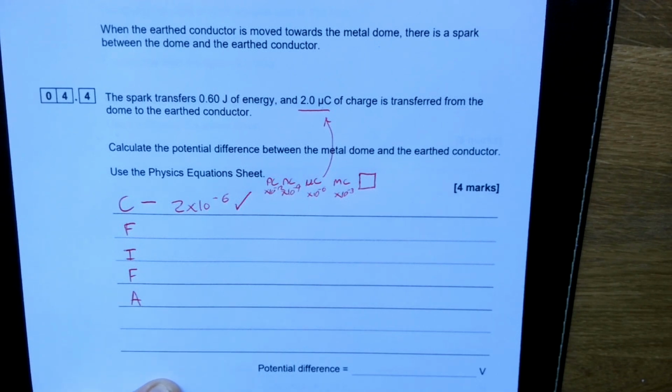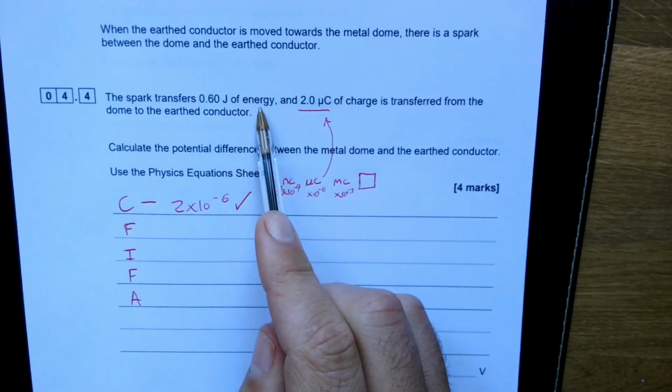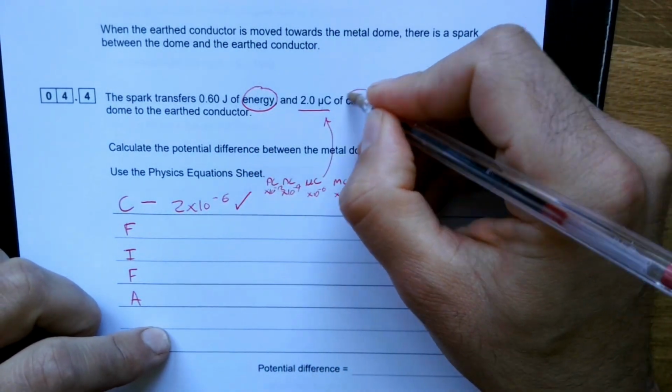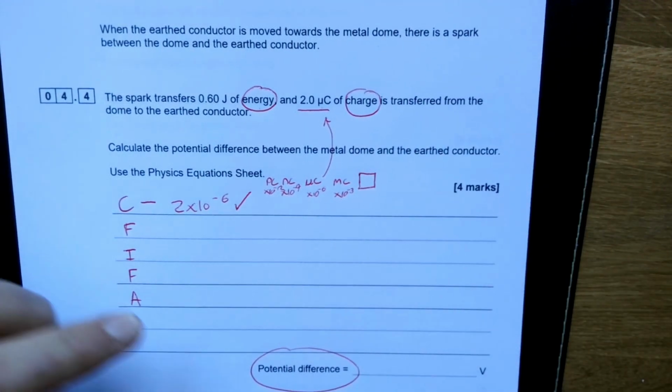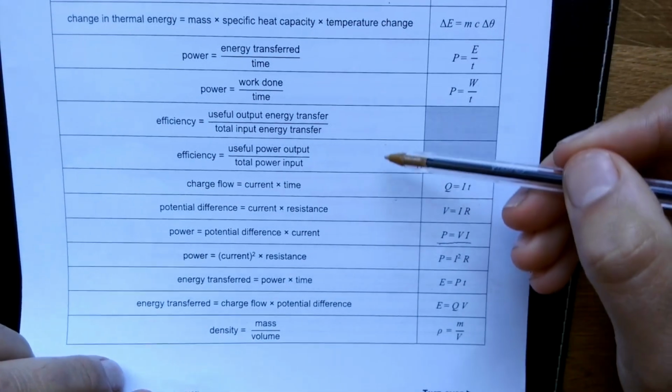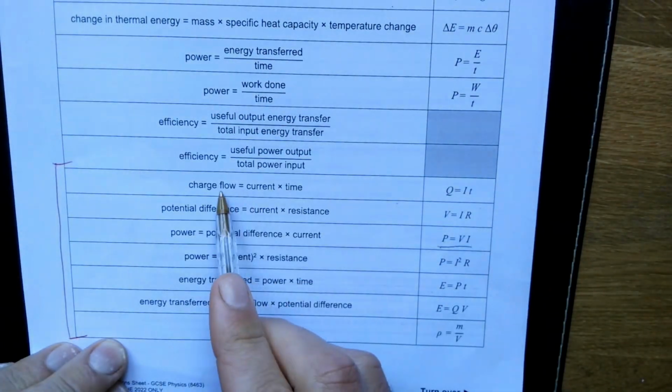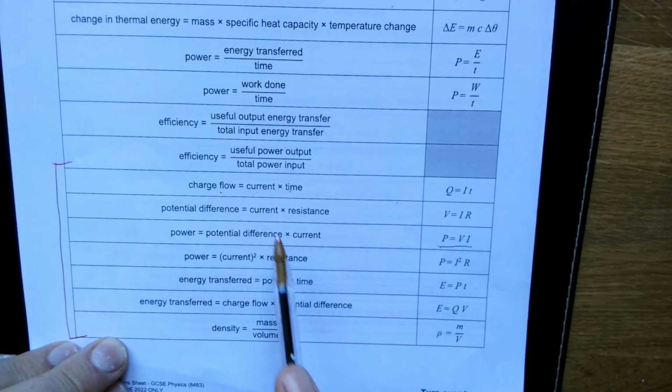Okay, easy. Now we want the formula. We want something with energy, something with charge, and something with potential difference. So we keep going down our list. It's to do with electricity, so it's going to be anywhere from here to here. We've got charge, current and time. Charge is there, but we haven't got anything else, so it's not that one.